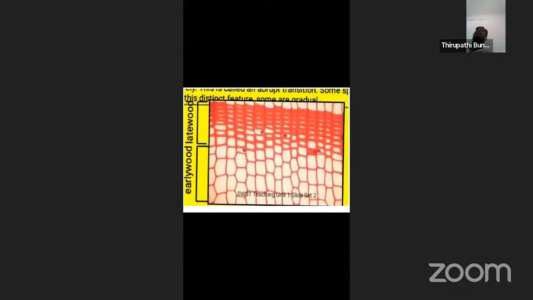Early wood consists of thin walled, larger diameter cells, light in color. But late wood shows thick color, thick walls, and smaller diameter cells. This is the diagram of late wood and early wood.